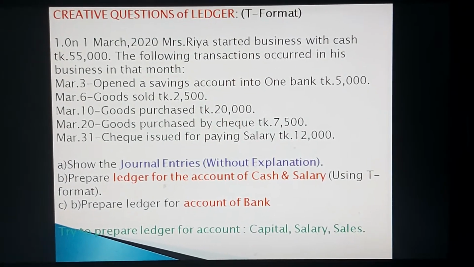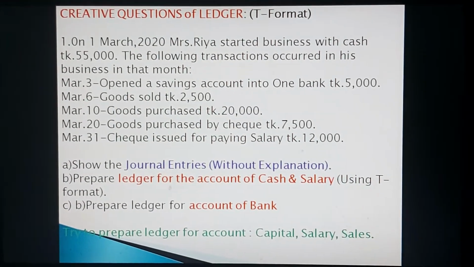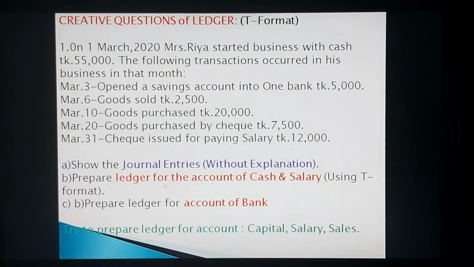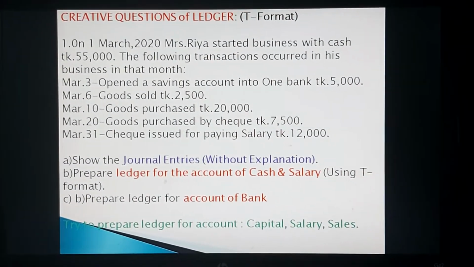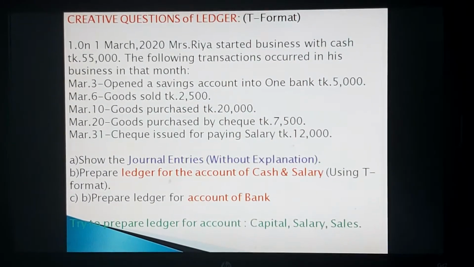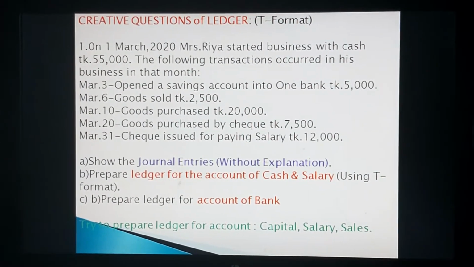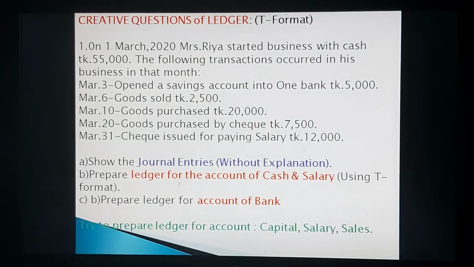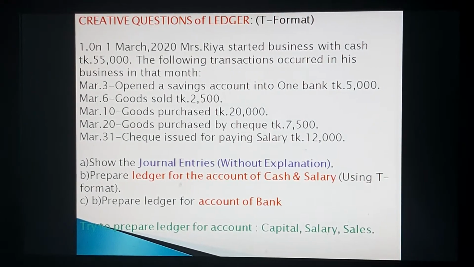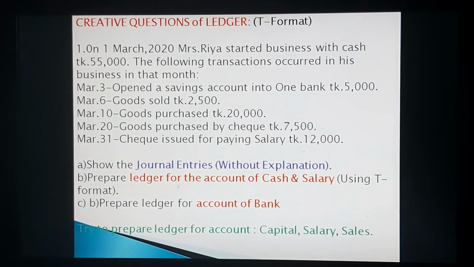March 20 goods purchased by check. Purchase account, another one bank account. For this transaction, you have to write the debit and credit. Purchase account debit, bank account credit 7,500.